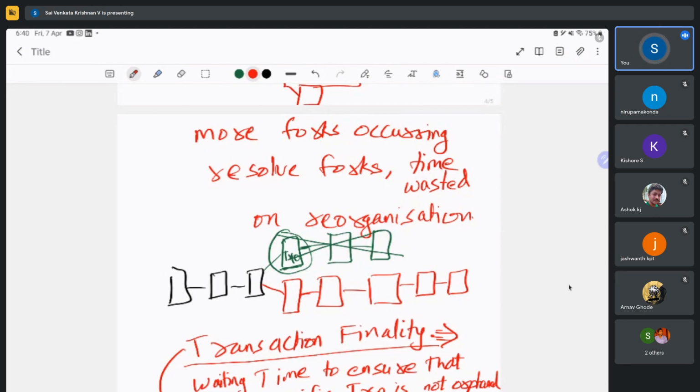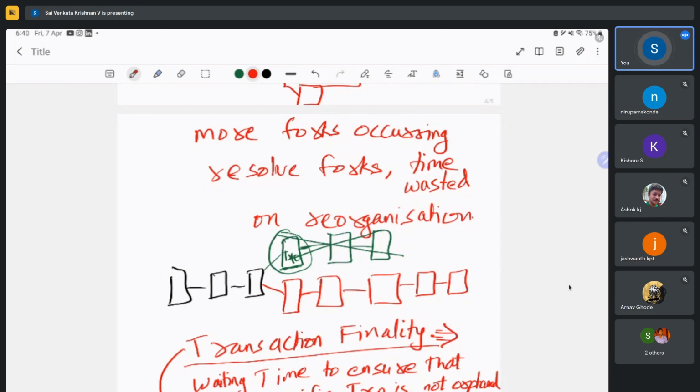Whereas when we reduce the difficulty, it will be the inverse. The time is spent on communication between nodes: node 1 would be telling I'm on this green chain and this is the longest chain, whereas node 2 would be telling I'm on the red chain and this is the longest chain. By the time the communication is over, since the difficulty level is pretty low, some other node would have added a block onto the green chain, and now that would be the longest chain.